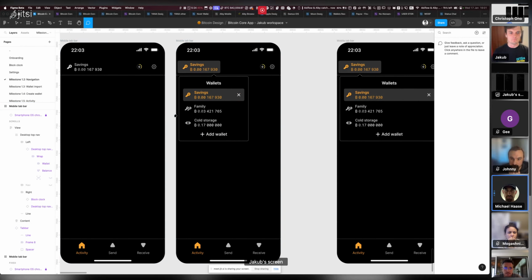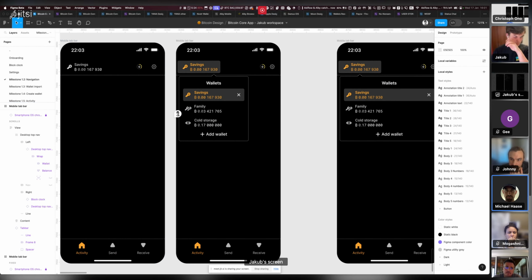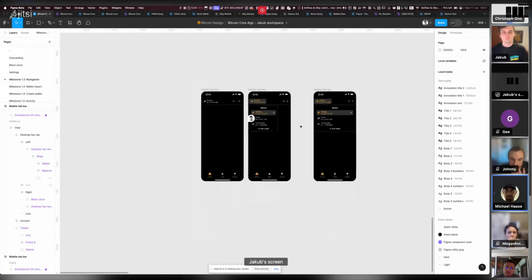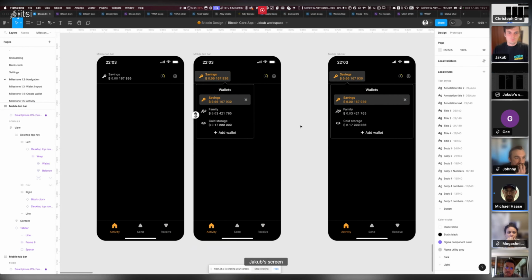What came to mind is if you don't have a wallet in there, then we probably default to the block clock, right? And you can just switch to the settings, and we wouldn't have a need for the bottom navigation bar in that case. Probably, yeah.